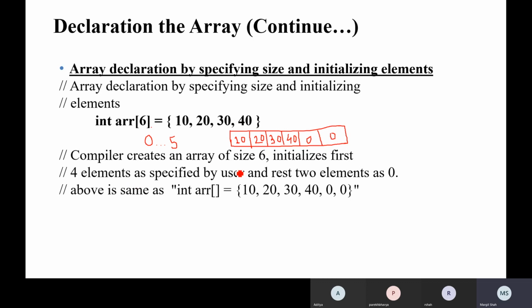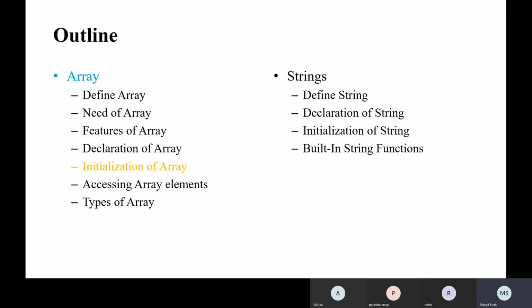So the compiler creates an array of size 6, initializes the first 4 elements as specified by the user and the rest of the 2 elements as 0. Above is the same as this, right? Now in this case we explicitly pass this 2, only in that case it will create an array of size 6, otherwise it would create an array of size 4 because there are 4 values only.